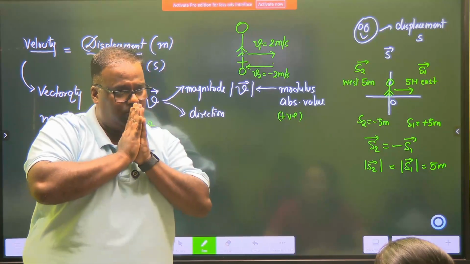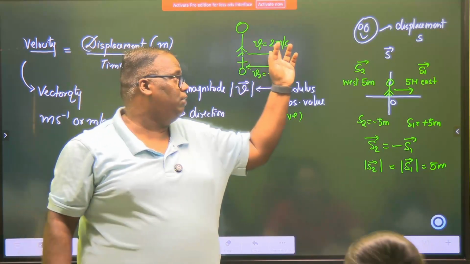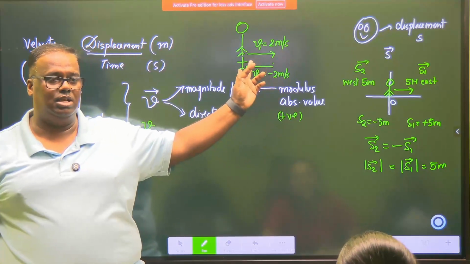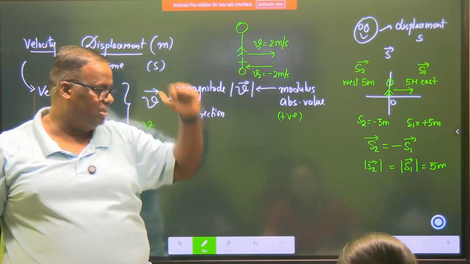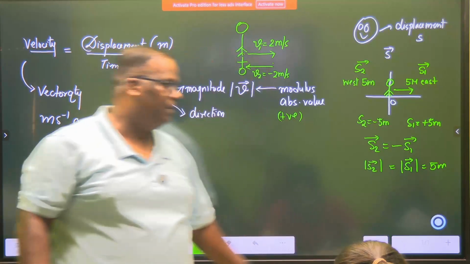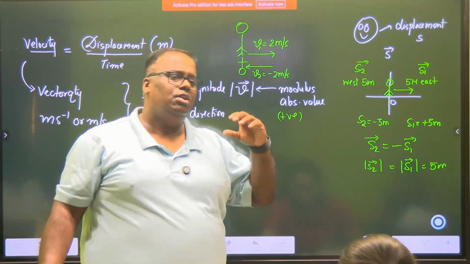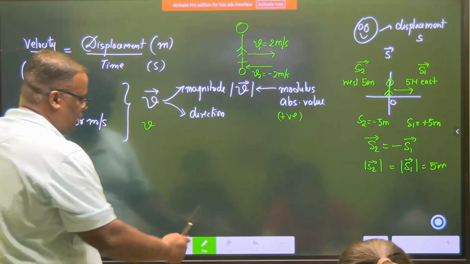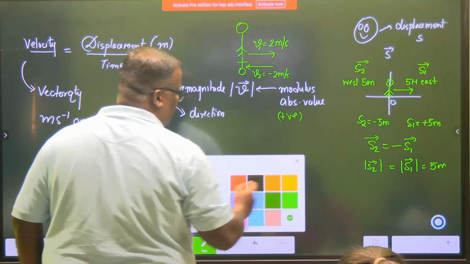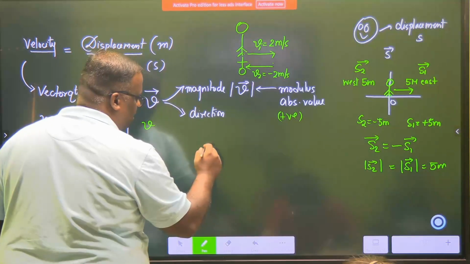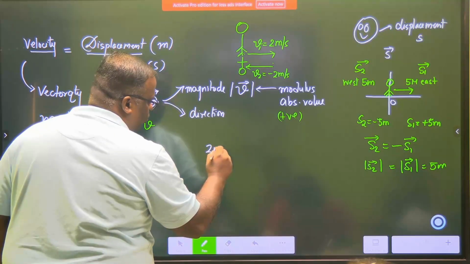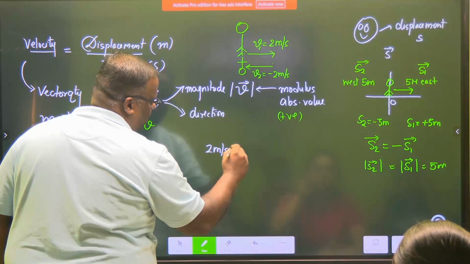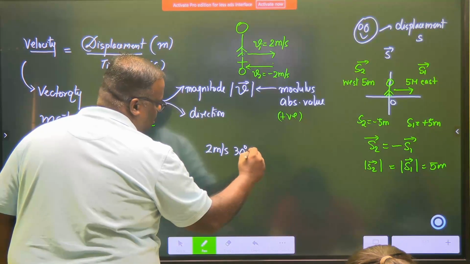Now is that understood? So if the data of two velocities, say, I have another example out here. Let's say we have two data for velocity. Now let's compare two velocity data. Let's say I have a data which is 2 meters per second, 30 degrees east.